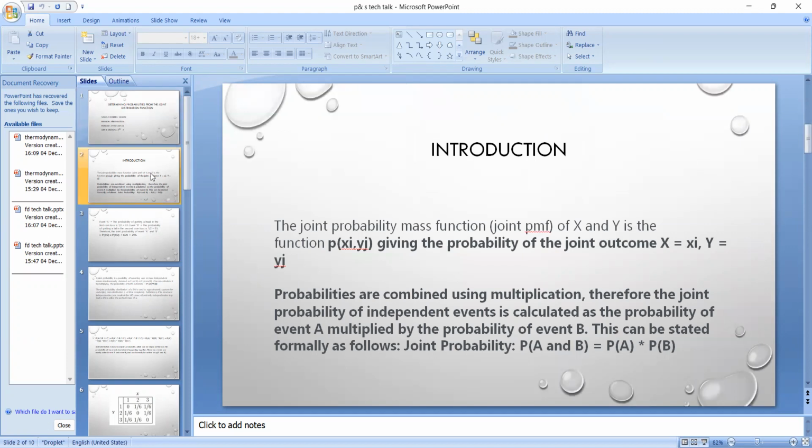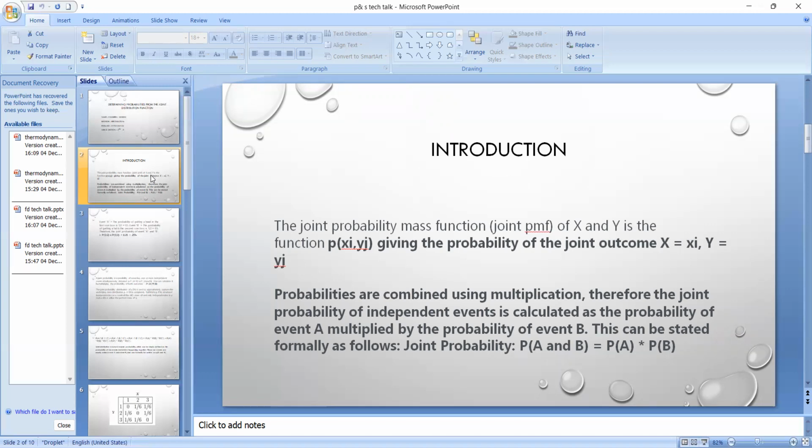Introduction. The joint probability mass function of X and Y is the function p of xi, yi, giving the probability of the joint outcomes capital X equals small xi, capital Y equals small yi. Probabilities are combined using multiplication.